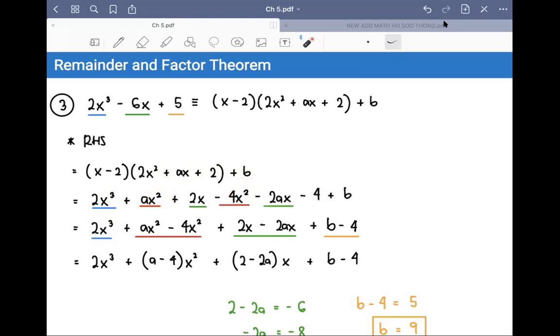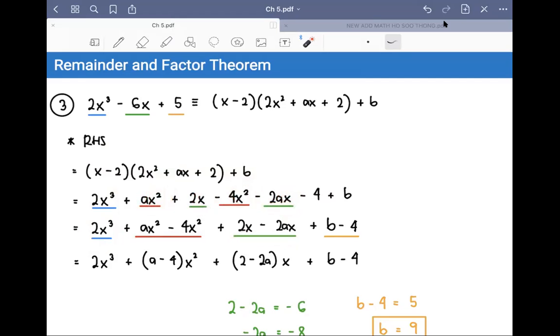I have two x squared terms, right? That means I need to put them together. So I wrote them like this. So ax squared minus 4x squared. And then, of course, I have x. So I have x here and then another x term here. So put them together. That's why it became 2x minus 2ax, right?